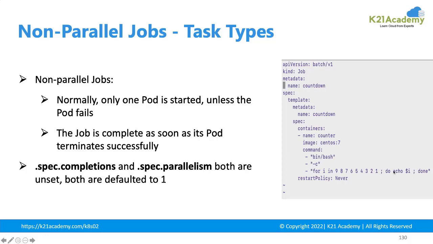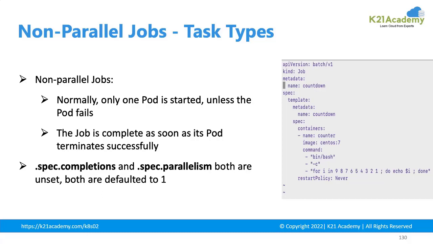And it would be echoing that value. That value will get echoed inside the container. And once the backward counting from 9 to 1 is done, it would be marked as done. The container would get stopped and the pod would be marked as completed, and the job is also successfully marked as completed. Recreation of the pod will not happen unless the pod has failed or has not completed the task because of some reason.